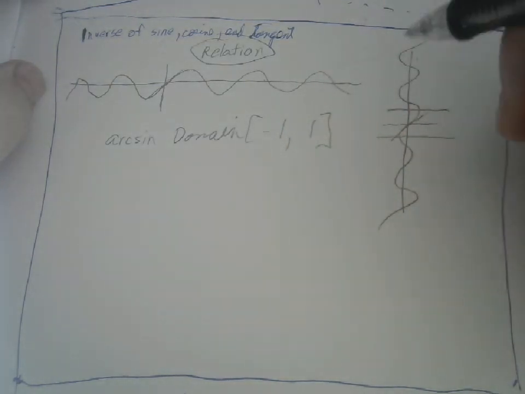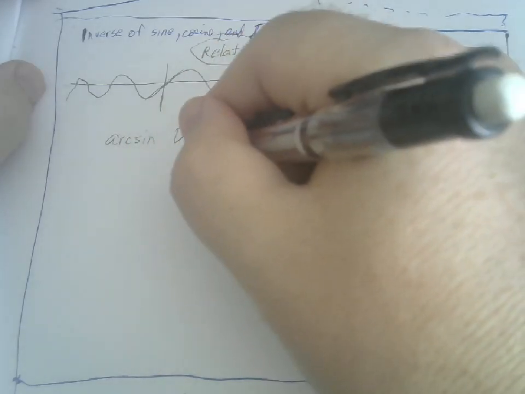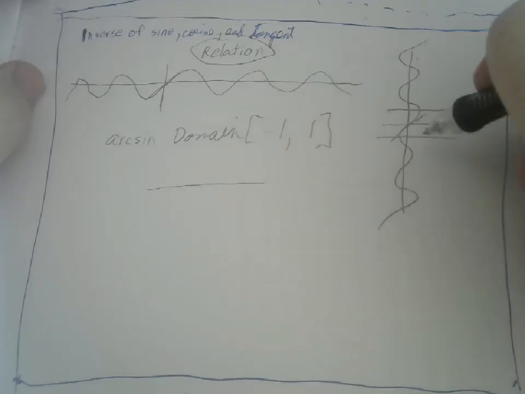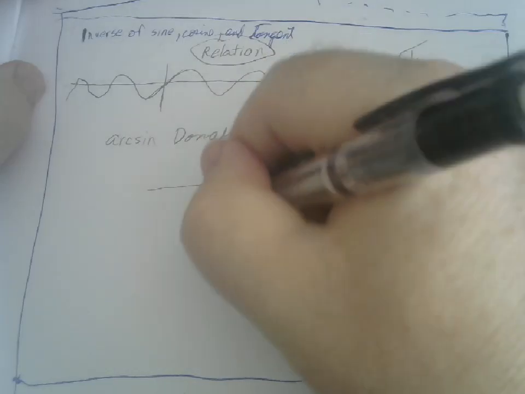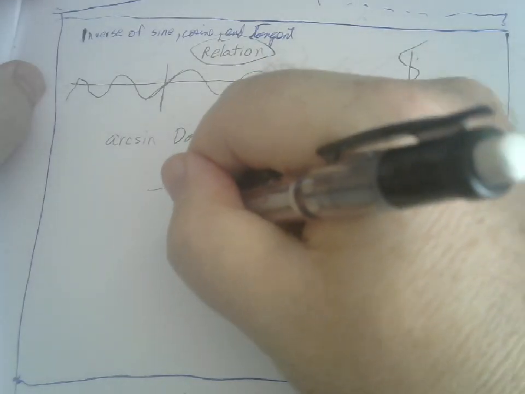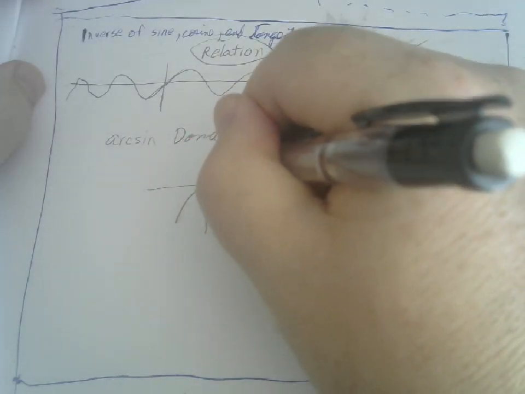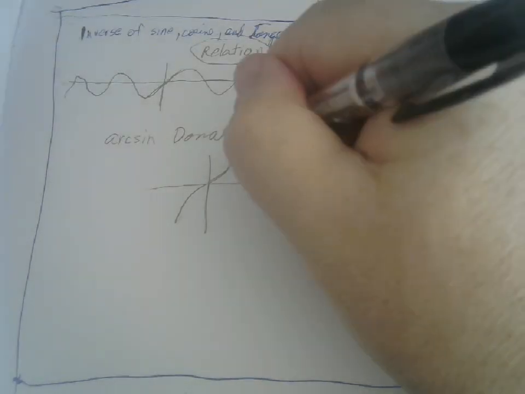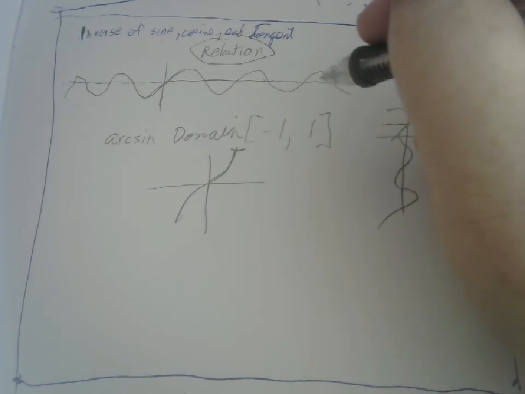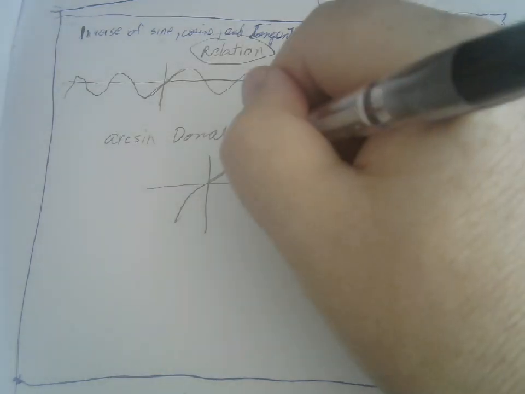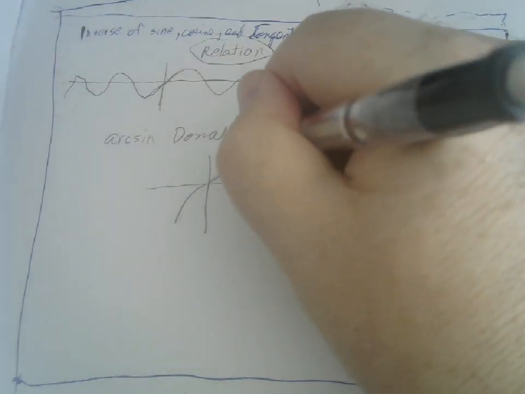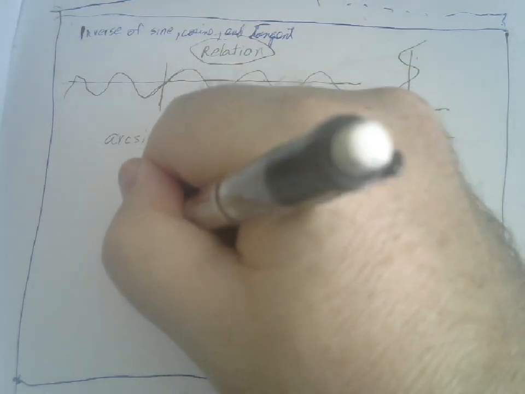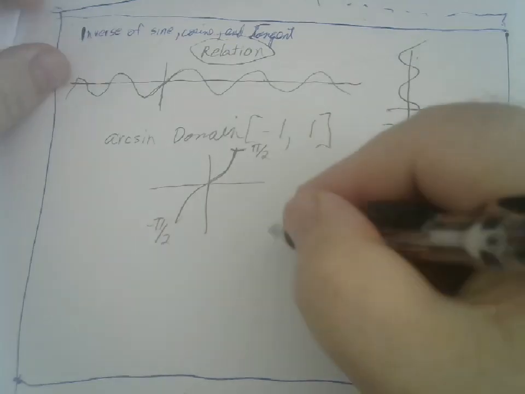And range, it just goes just this part. Basically, it looks like that. And this is going to be pi over 2 and -pi over 2.